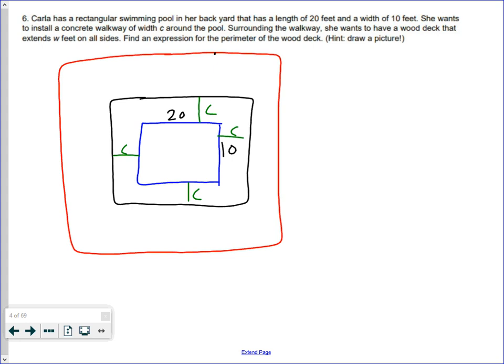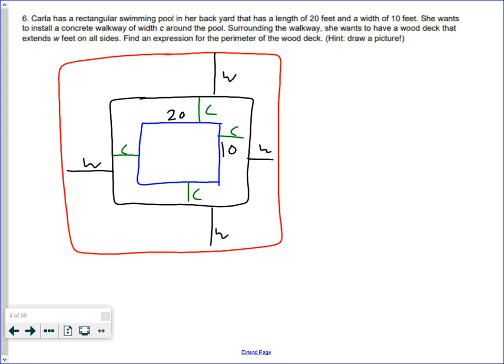So that means all of this right here is going to be W. All right. And now we need to find an expression for the perimeter of the wooden deck. It says the hint is to draw a picture. We kind of do the picture as we're going along. So let's go ahead and try to figure out what the expression of the perimeter is going to be.